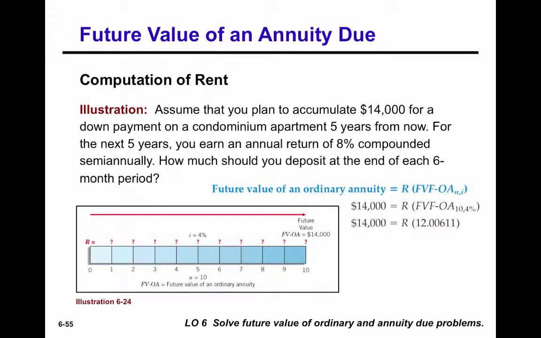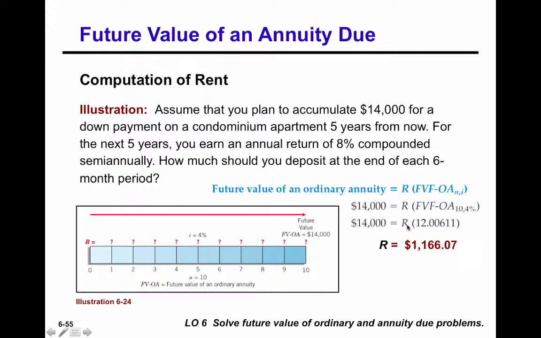So for a 4% interest rate, compounded semi-annually for 10 periods, you will find it in the 4% column in the 10-period line, and it is this factor here, the 12.00611. We'll show you that on the next slide.